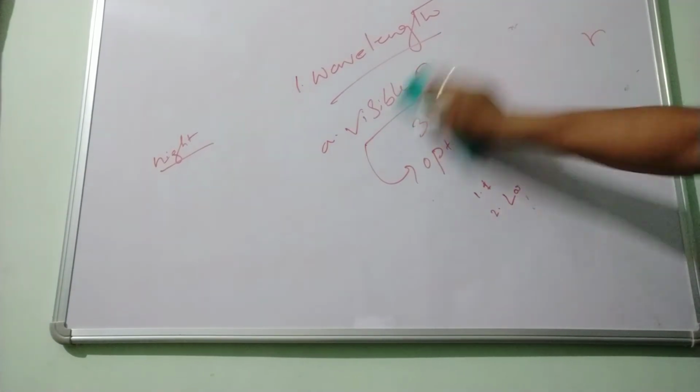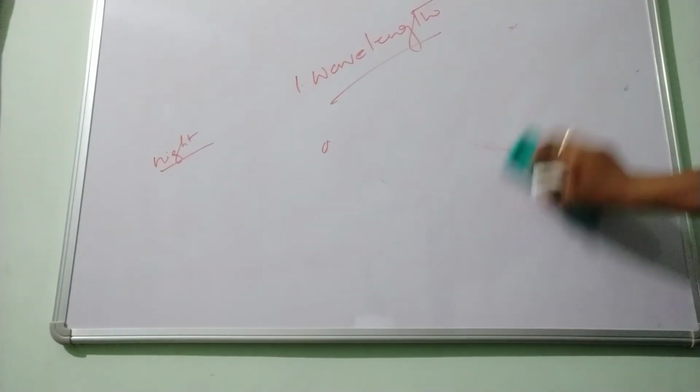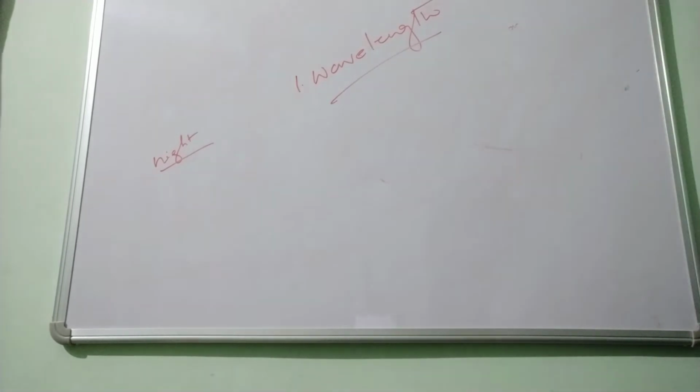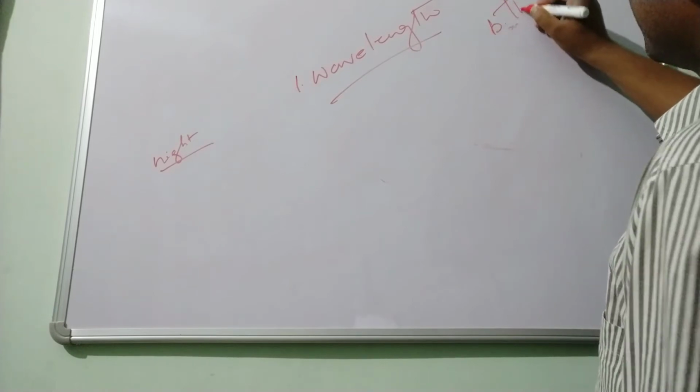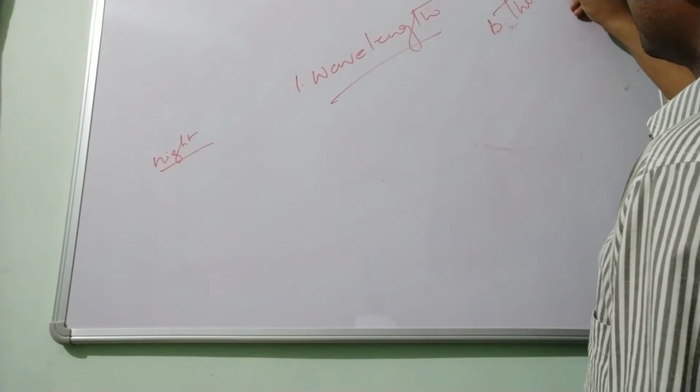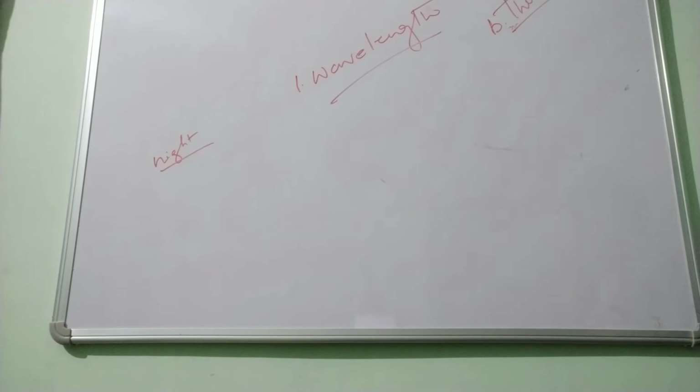Second is the thermal remote sensing. In thermal remote sensing, we are collecting information in two wavelength regions.